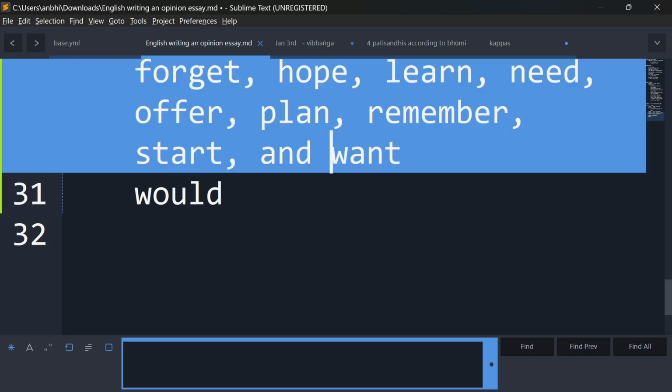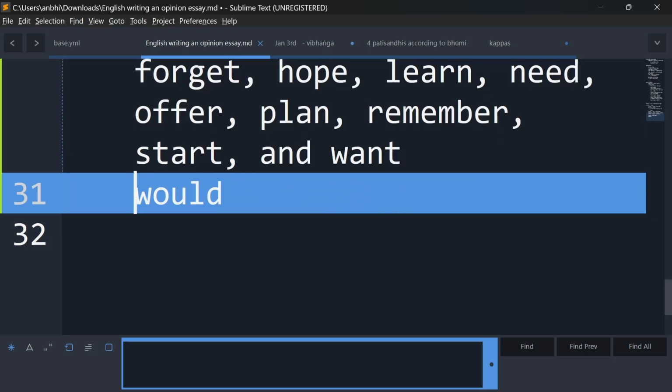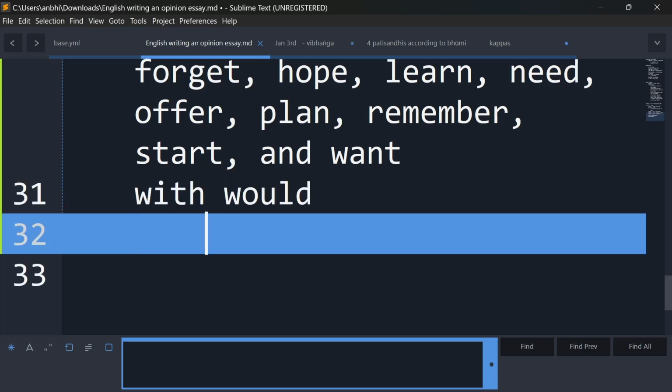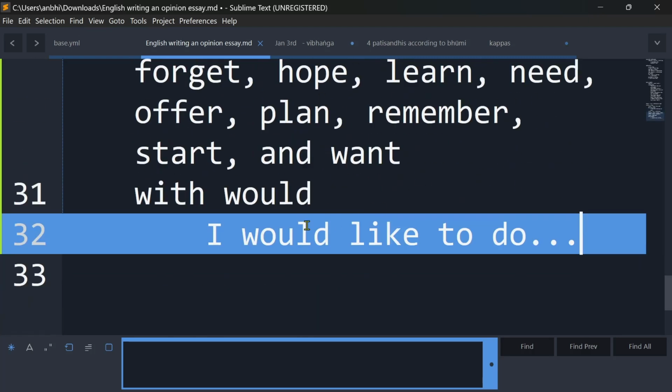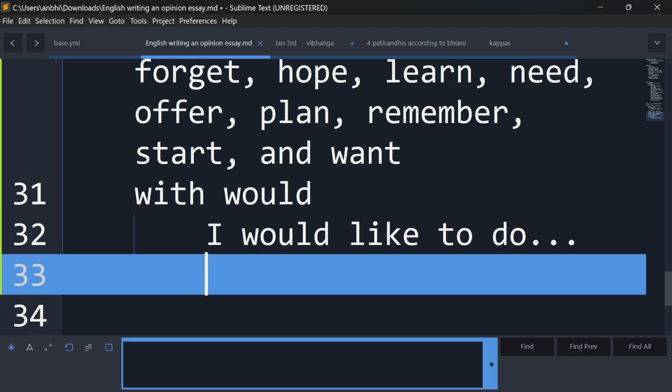Now would like and want, and now I will put with would. When we use would, for example, I would like to do blah blah blah, so this is to an infinitive with would.